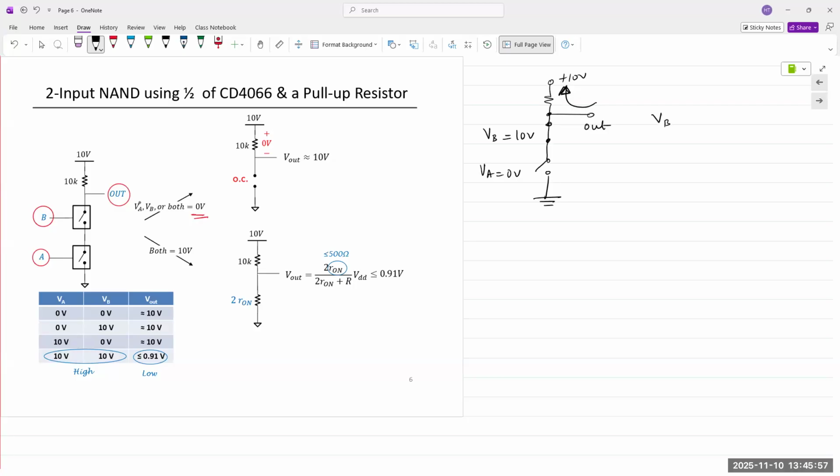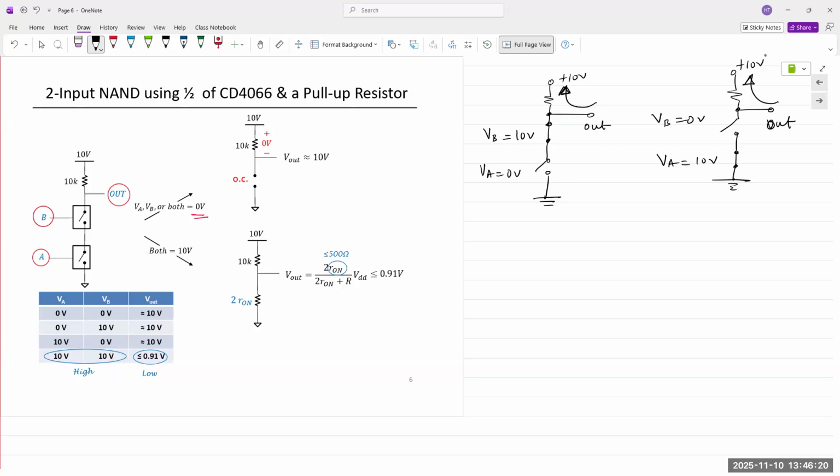If VB is 0 and if VA is 10, your output is still connected to plus 10 volts, right?